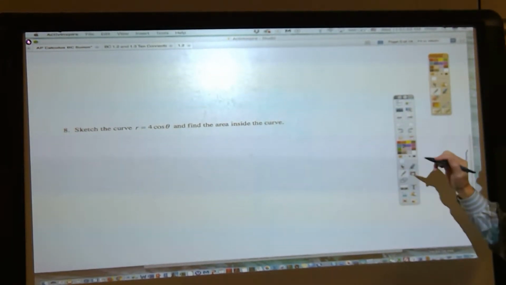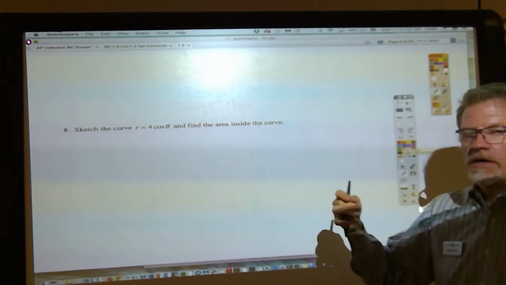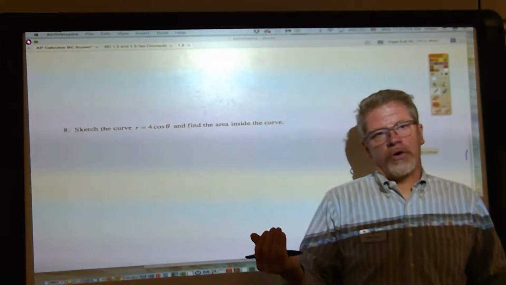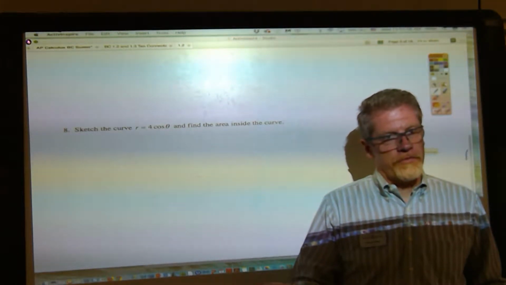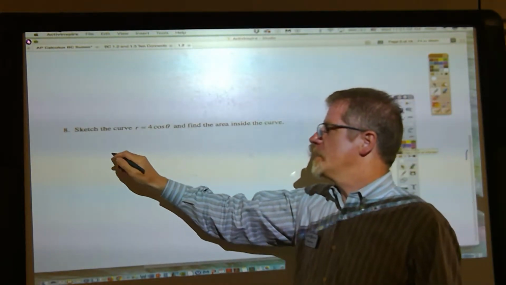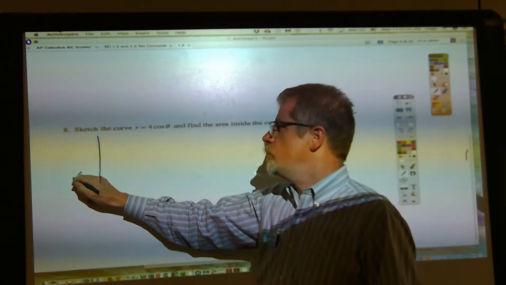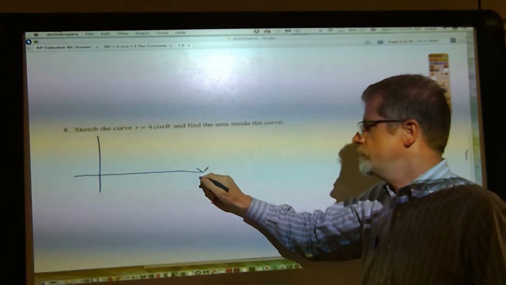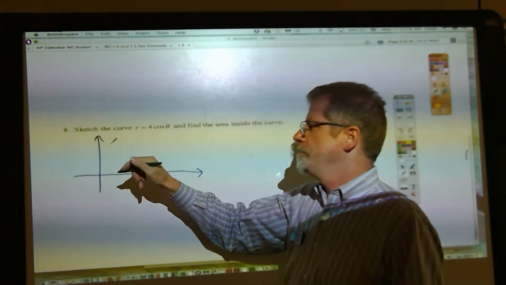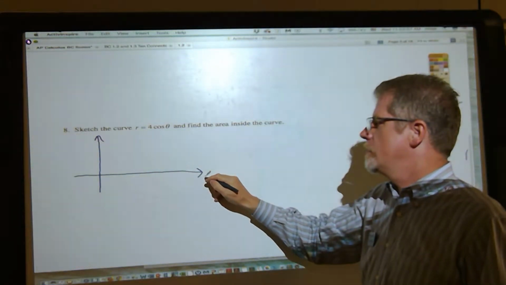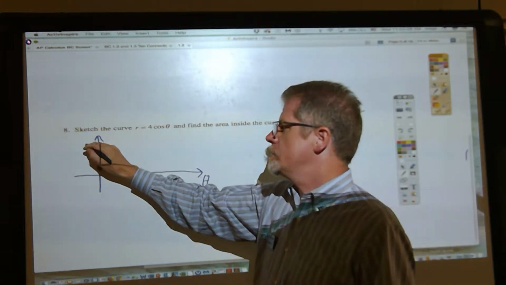Now, this is a nice opportunity to review graphs of polar curves from pre-calculus. Every equation has two graphs, a rectangular graph and a polar graph.